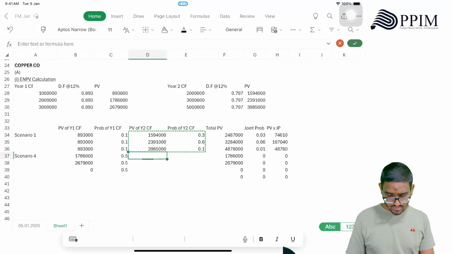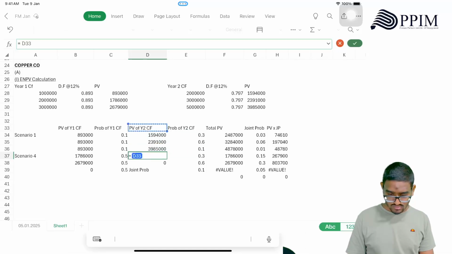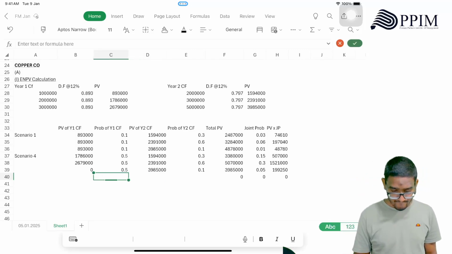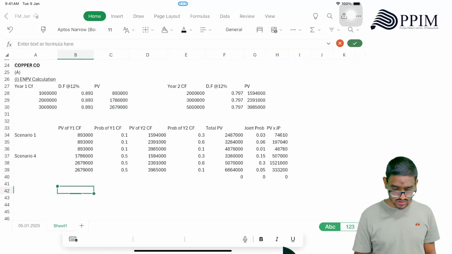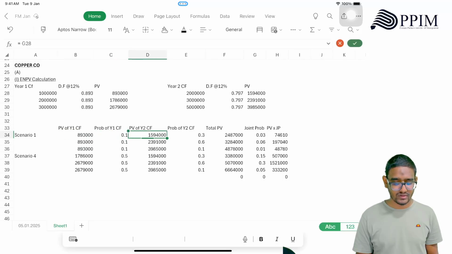This will remain the same. Because we can call this scenario 2 and this 3 separate scenarios. So this is the first scenario, where you have year 1 893, year 2 1.5.